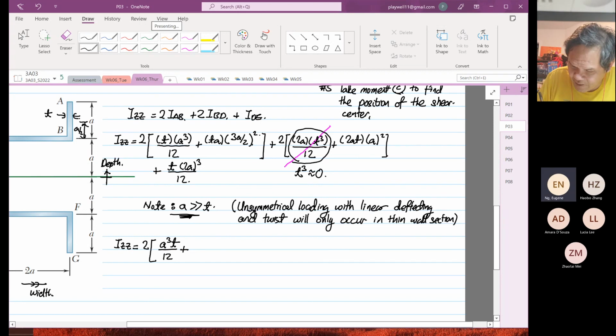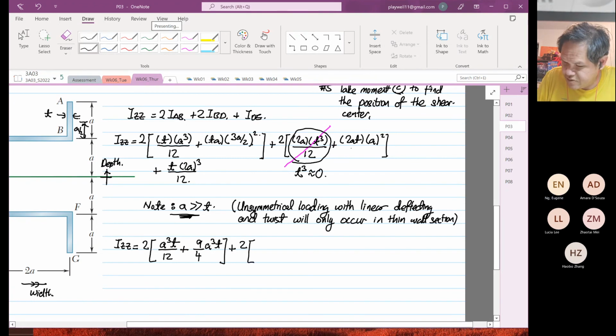Okay, so 9 over 4, right? And this is A cubed T, right? Then plus twice. This is going to be 2A cubed.